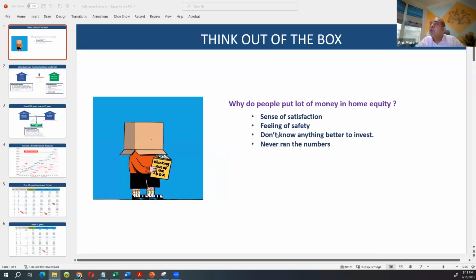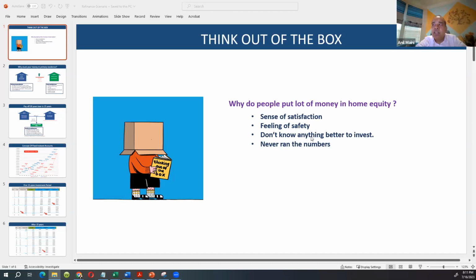Now we go back to our presentation: why do people put a lot of money in their home equity? During get-togethers, you are talking with different people. Some people will say it is just in our family, we never keep any loan. It is in our culture, a sense of satisfaction, a feeling of safety.